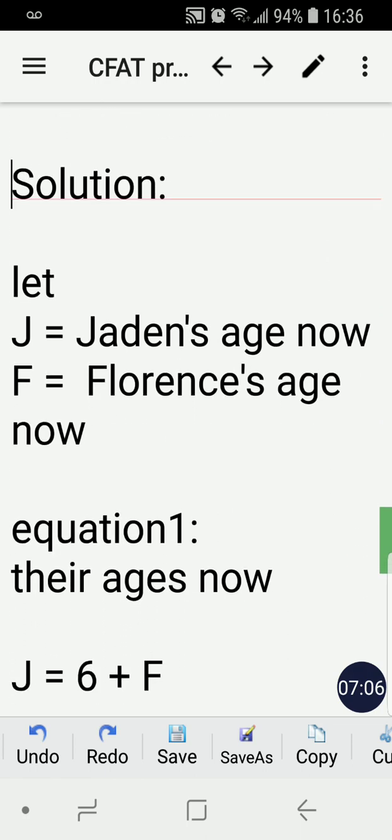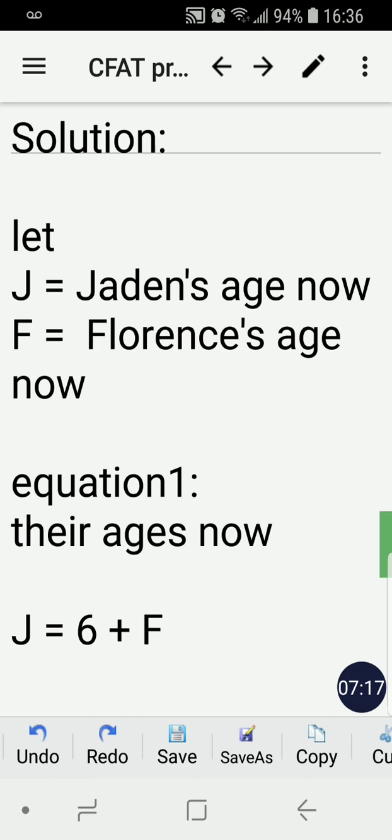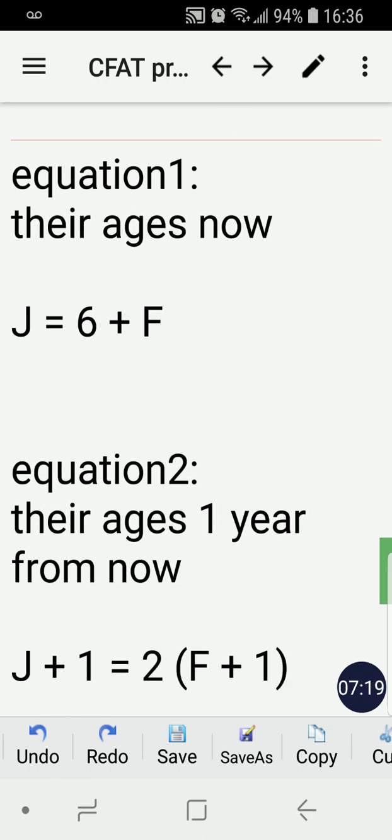Solution. We let J be the age of Jaden now, and F the age of Florence now. We need to formulate two equations because we have two unknowns. Equation 1 will involve their ages now.